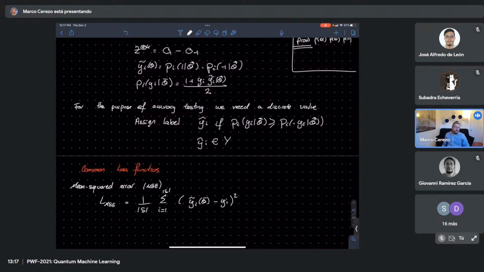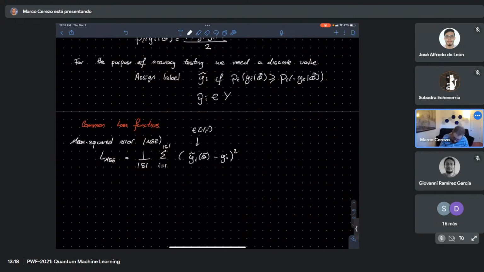So of course, you can think about this as I'm trying to minimize the distance between the assigned label and the true label for each data point. This is going to be 0 or close to 0 if this number, which again is continuous and lives between -1 and 1, is close to the true label.